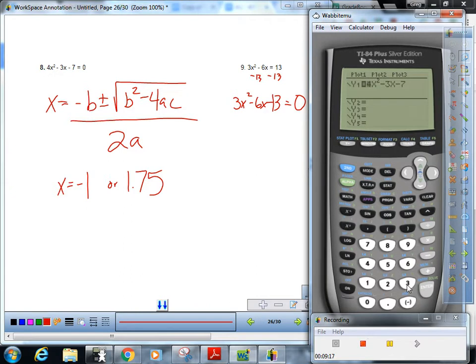Clear it. 3x squared minus 6x minus 13. Okay. Calculate zeros. Enter. Enter. Enter. Negative 1.309.